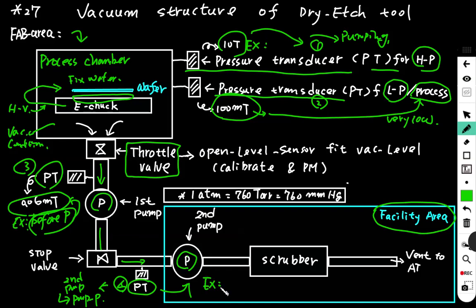For example, in step A, we use the second pump to pump the chamber, and measure the pressure with the number 4 pressure transducer. And I pump to a level.